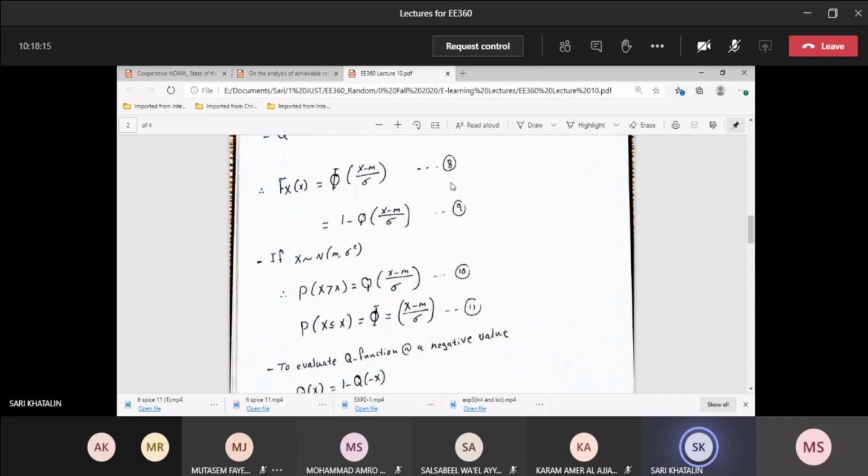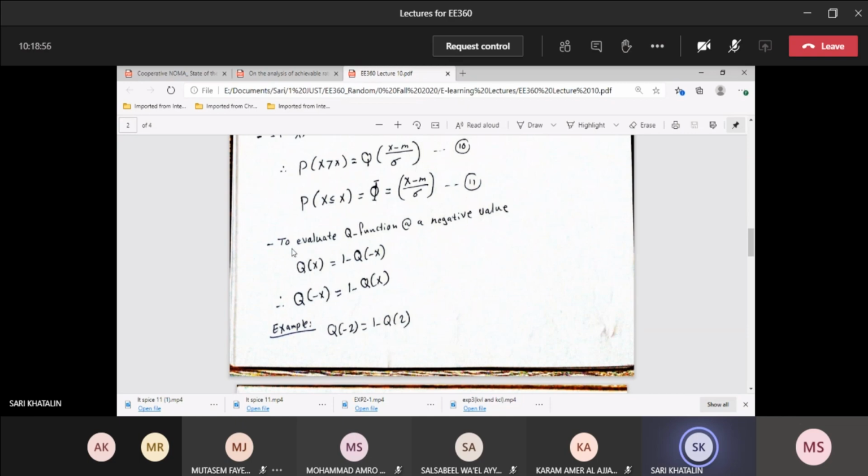So equation 11 and equation 8 are the same, because this is really the Fx or the CDF. And this one here is basically equation 10. It's 1 minus Fx. Now, if you go back to the properties of the CDF that we discussed in the lecture before last, you will see equation 10 right here. It's 1 minus Fx.